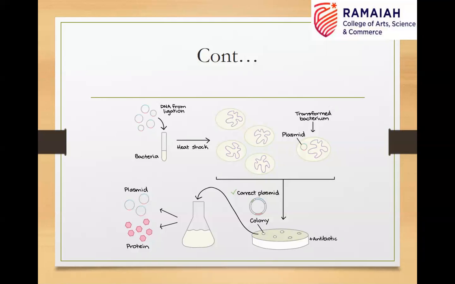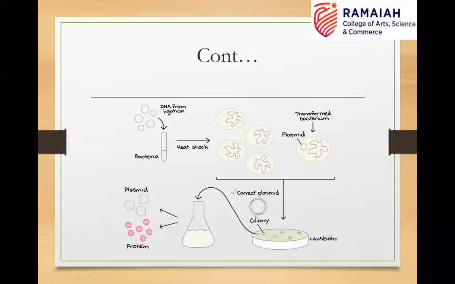So here the process is represented pictorially. As I told you, the DNA from the ligation reaction will be mixed with the bacteria. The bacteria should have been made competent. Then heat shock is given. When the heat shock treatment is given, because the cells are ready to take up external DNA, the plasmid will be taken inside the bacterial cell. That means the bacteria is transformed. After that, we plate these cells on a medium containing the antibiotic.